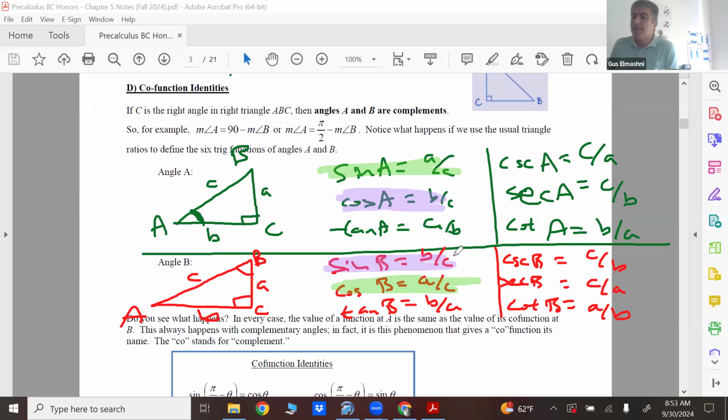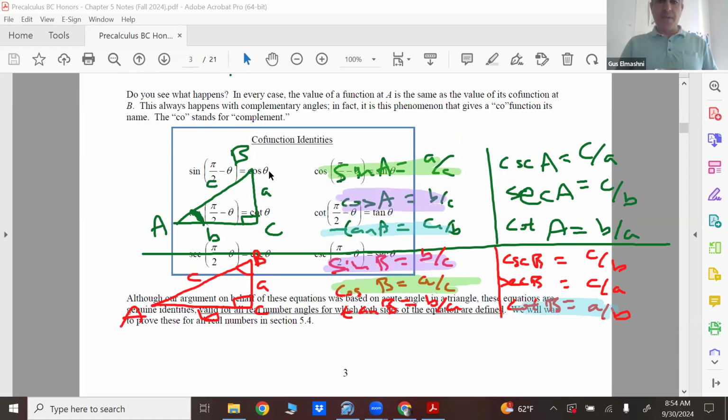That totally makes sense, because those are complements. Let's get a different highlighter again. This is the same as this. So we see the three different cofunction identities. I could do more highlighting, but you get the point now, right? A cosecant is going to be the complement of secant B, right there. Those are also complements, but you get the idea that we have all these different cofunctions, right?